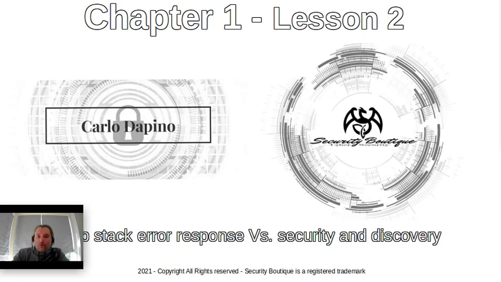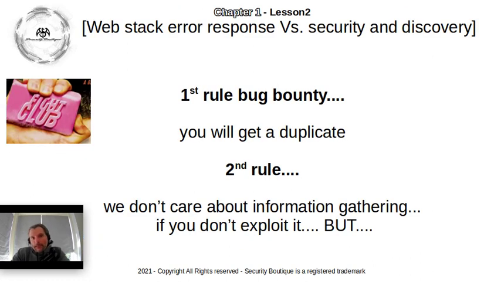So let's move right into that. If you talk about information disclosure, it's going to be a big deal, because in pen testing it's just informational most of the time.